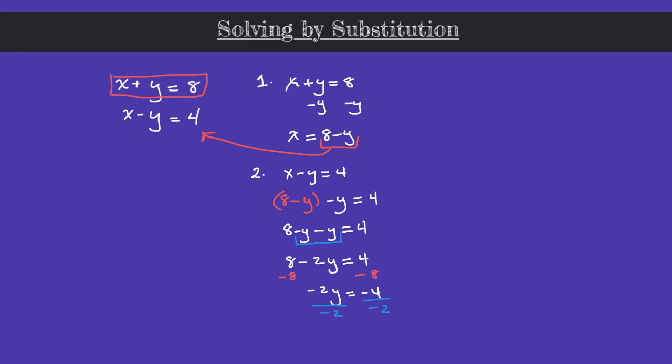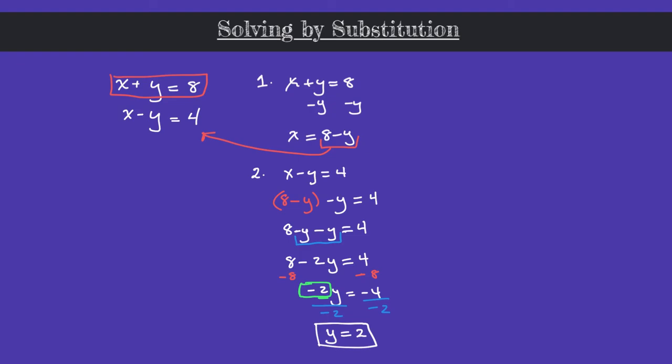Now, some students have challenges in the area where they might simply divide by the 2 and forget that it is not just 2, but it is negative 2. You need to divide by the entire thing that's being multiplied by the y, okay? So let's keep going. So in this case, we'll end up with y is equal to 2.